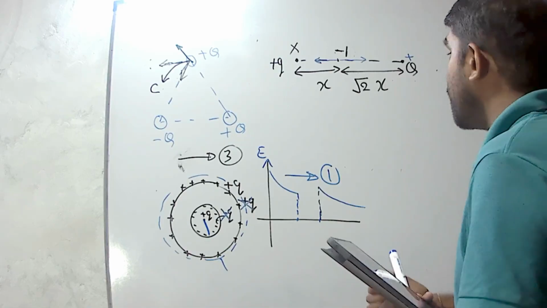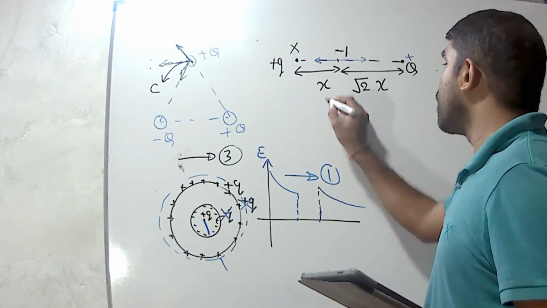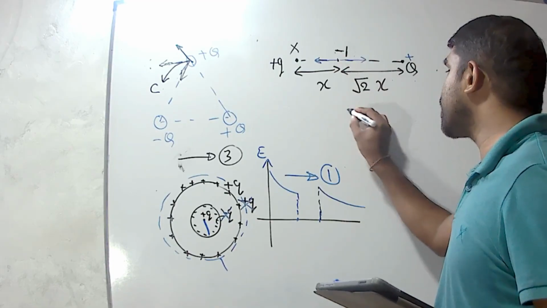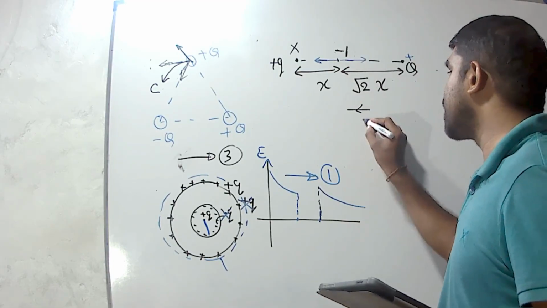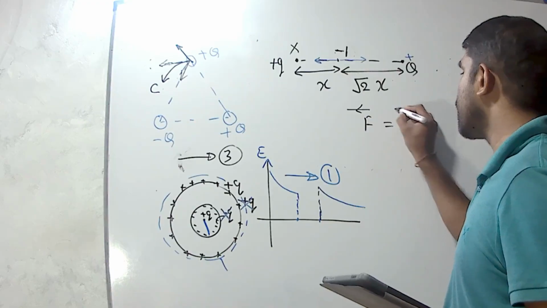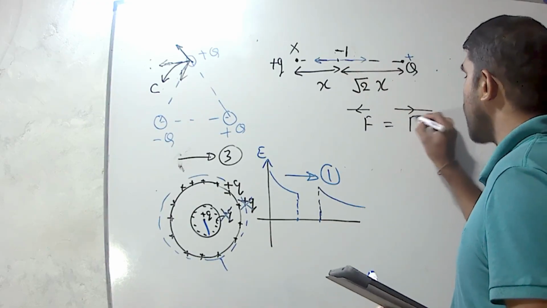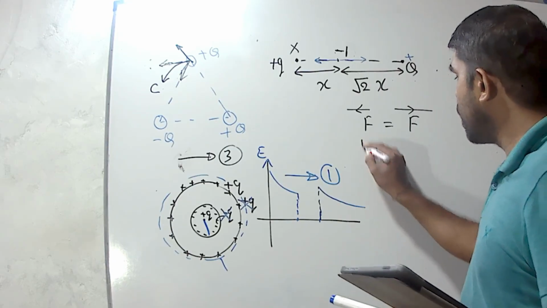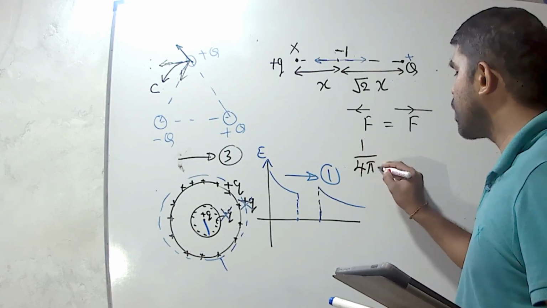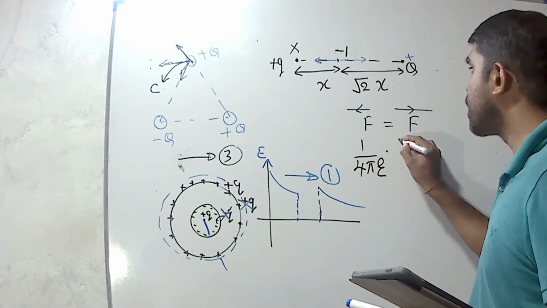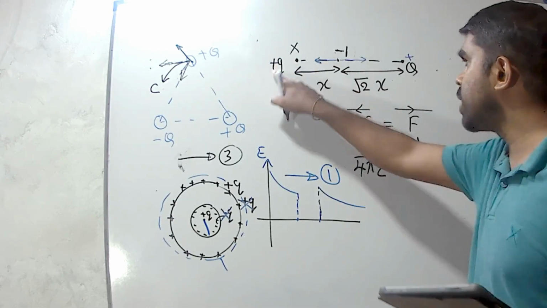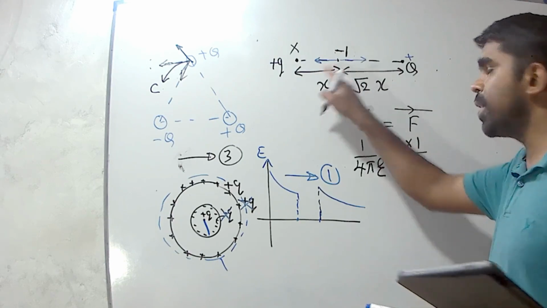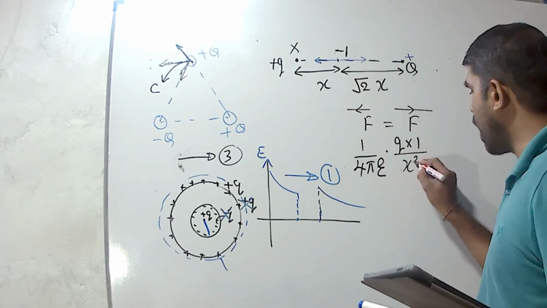When finding magnitude, we can get that force on minus 1 charge in this direction should be equal to the force on minus 1 charge in opposite direction. Resultant force should be 0. We can substitute force as 1 over 4 pi epsilon, Q into 1, divided by square of distance, x square.